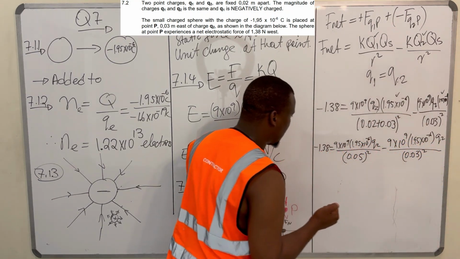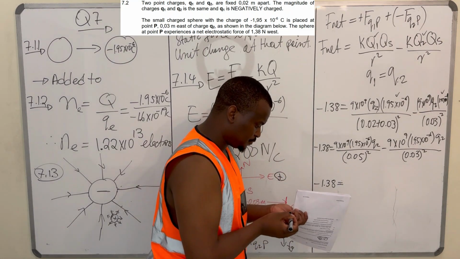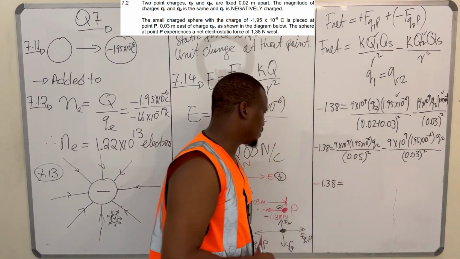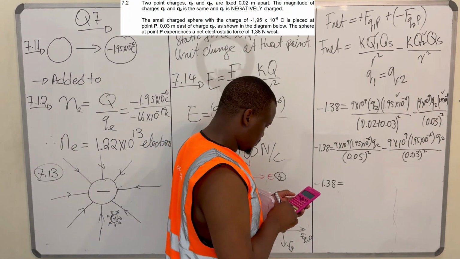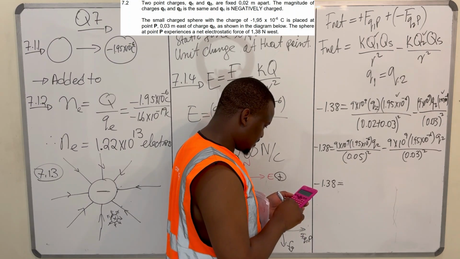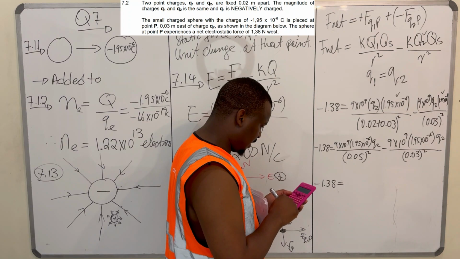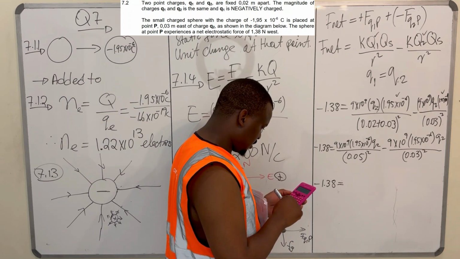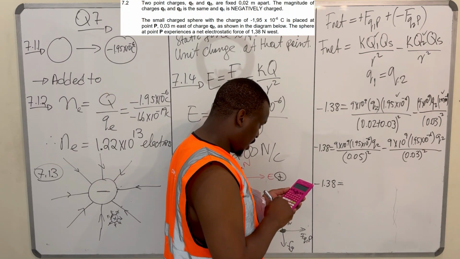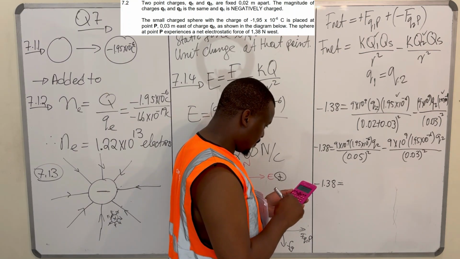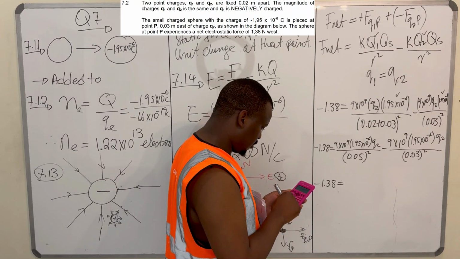Then go down. So we have minus 1.38 is equal to, punch this and see what you get. So we say 9 times 10 to the power 9 times 1.95 times 10 to the power minus 6, all divided by 0.05 all squared.